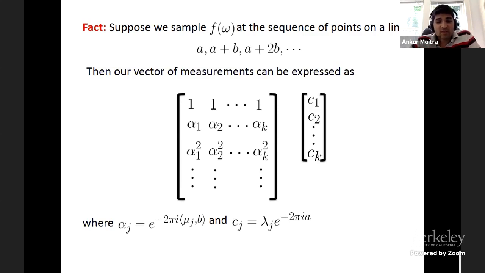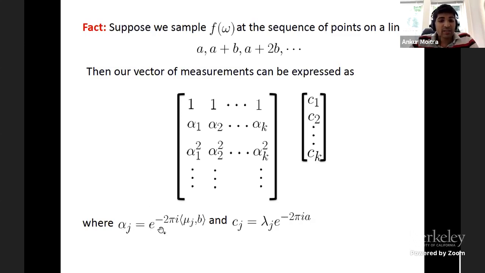So to be precise, when I think about this exponential sum, remember that this f omega function had e to the minus 2 pi i, and then it took the inner product of mu j and omega. And when I plug in for omega something like a, or a plus b, or a plus 2b, or a plus 3b, then there's some part that, as I vary the constant in front of the b, I'm raising to a higher and higher power.